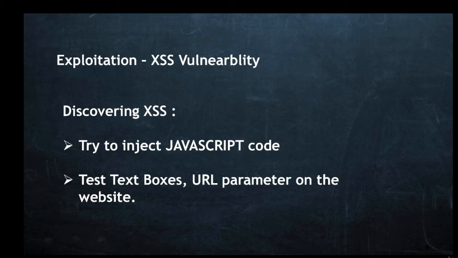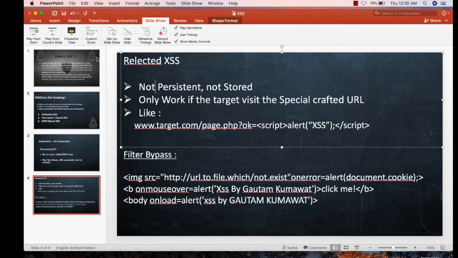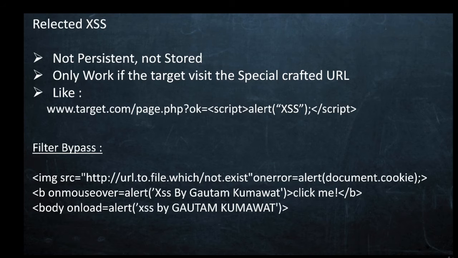Or you can also inject the JavaScript code into a URL parameter. Reflected XSS is not persistent, not stored, and only works if the target is a specially crafted URL.